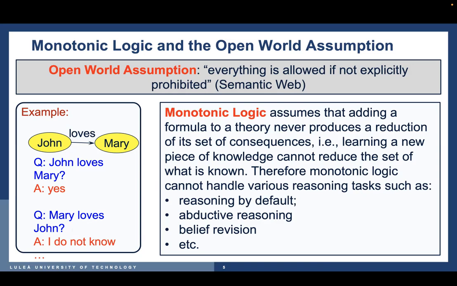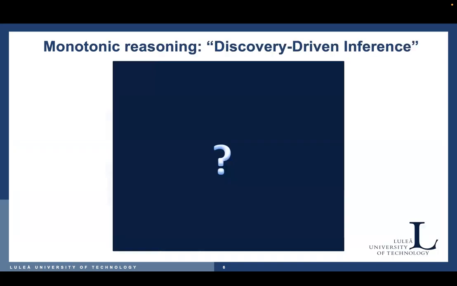So this is a special type of reasoning. It's kind of less precise, if you wish, because obviously, if you assume this open world possibility, then it is hard to maintain consistency. So you cannot do belief revision, for example, simply because some facts are not known.